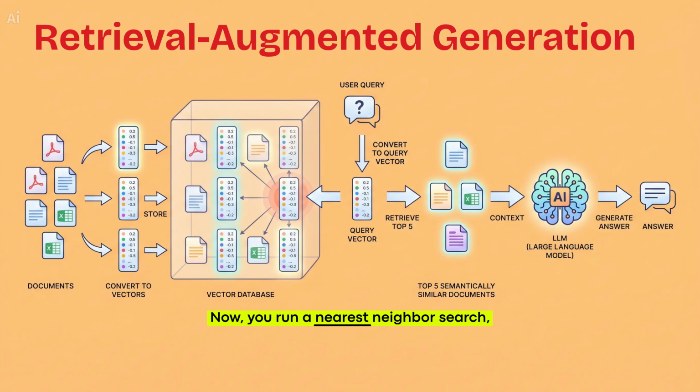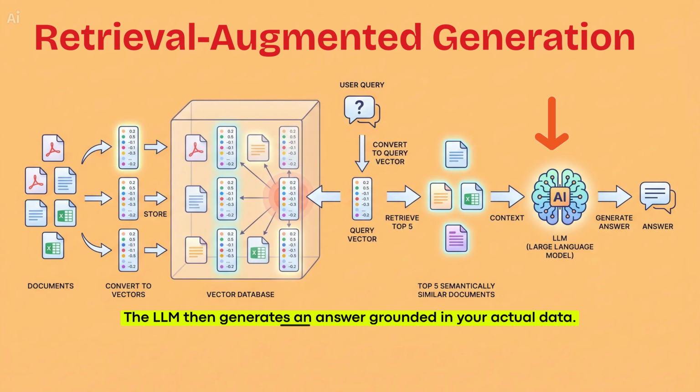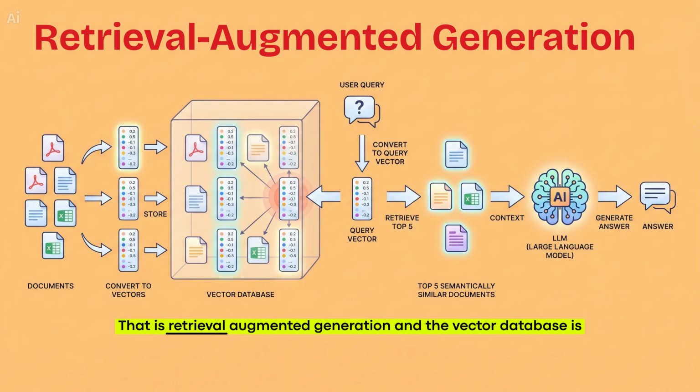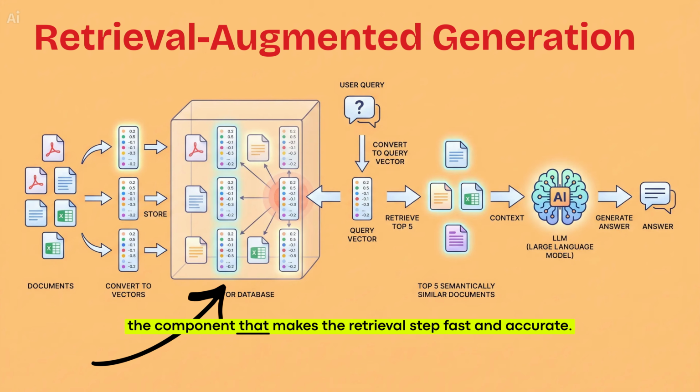Now you run a nearest neighbor search, that is, find me the top 5 vectors in the database that are closest to this query. You get back the most semantically relevant documents. You pass those to the LLM as context. The LLM then generates an answer grounded in your actual data. This is a RAG pipeline, that is retrieval augmented generation, and the vector database is the component that makes the retrieval step fast and accurate.